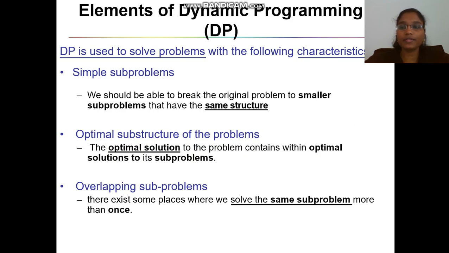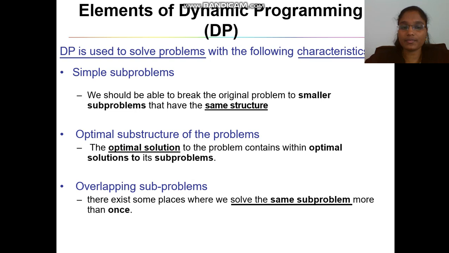Now the elements of dynamic programming. Dynamic programming is used to solve problems with the following characteristics. First, simple subproblems: if the original problem can be broken down into smaller subproblems that have the same structure, then we can use dynamic programming.